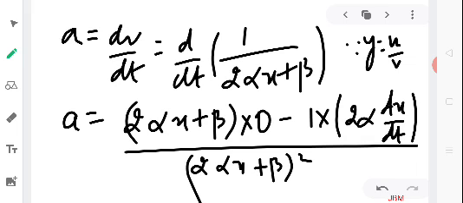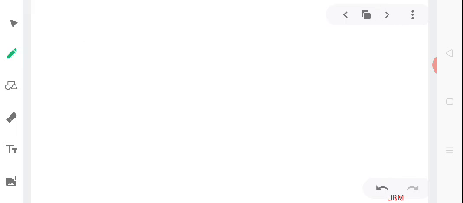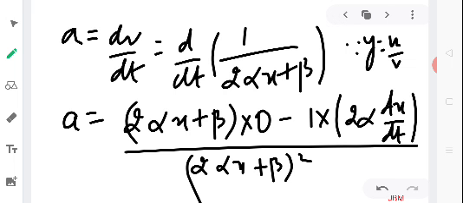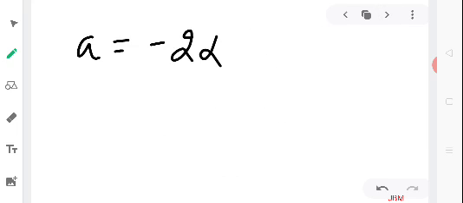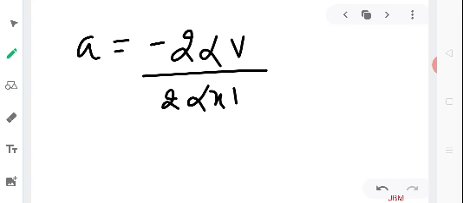Now let us solve it out. The first term, since it is multiplied with 0, that will become 0. So we are left with the second term, dx by dt is v. So we can write down a equal to minus 2 alpha, and in place of dx by dt, what shall we write? v. And divided by 2 alpha x plus beta whole square.